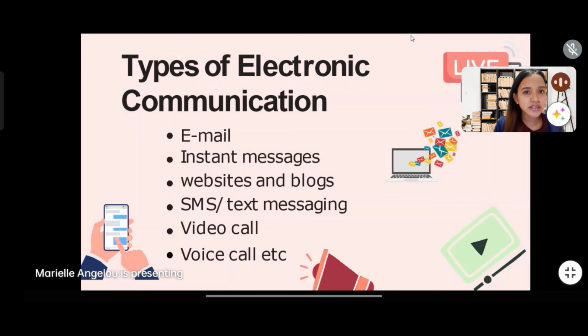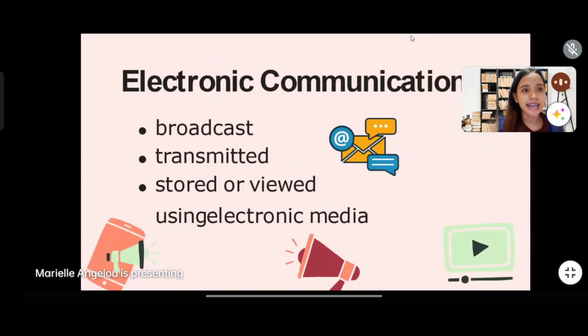Next, we have SMS, short message service or text messaging, video call, and voice call. Again, those are the different types of electronic communication. Electronic communication, once again, is the type of communication that is broadcasted, transmitted, stored, and viewed using electronic media, or the type of communication which has the integration of technology.